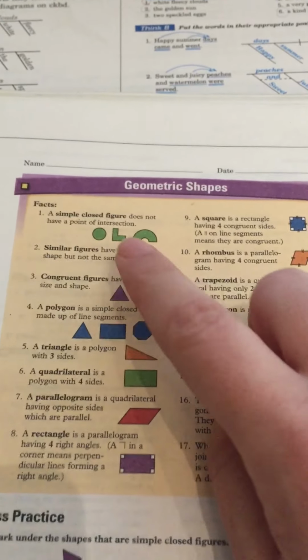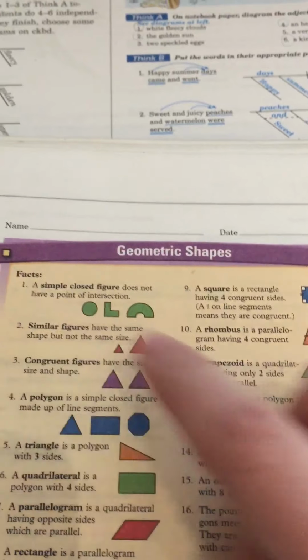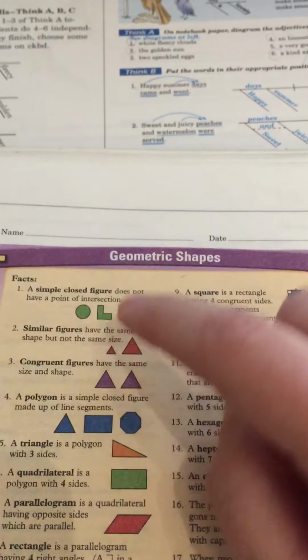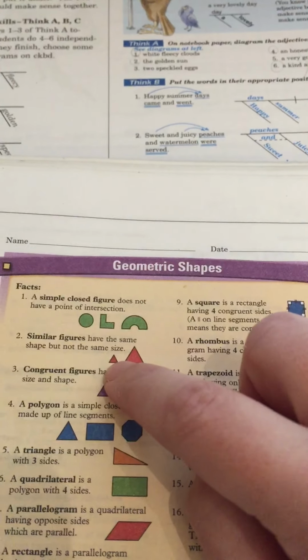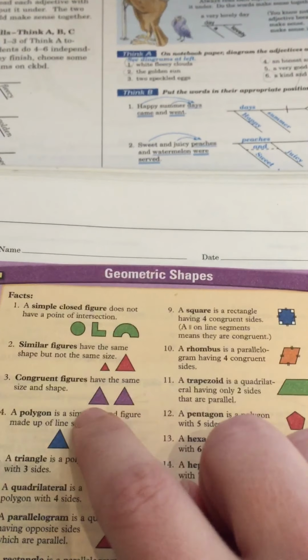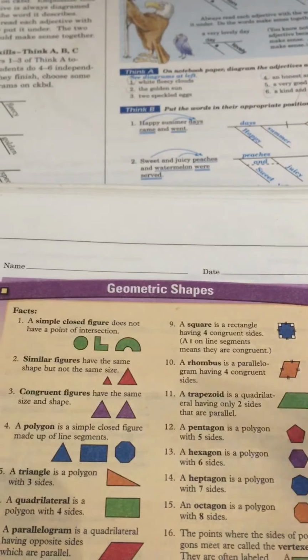All of this is very self-explanatory, but I wanted to point out these two, similar and congruent, because if you'll notice, they're all triangles. Similar is going to have the very same shape, but it's not going to be the same size. Where congruent, they're going to be both the same shape and the same size.